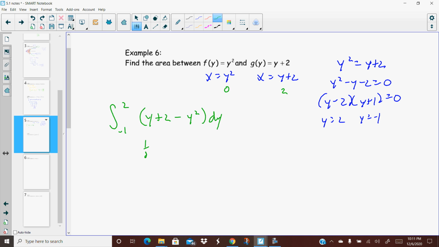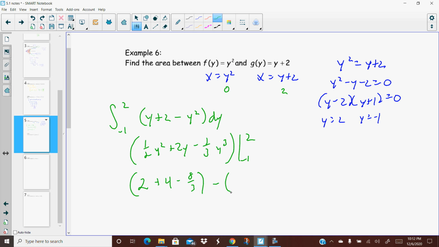So we're going to get 1/2 y squared plus 2y minus 1/3 y cubed, evaluated from negative 1 to 2. So let's see, plugging in a 2. 2 squared is 4, half of 4 is 2. 2 times 2 is 4. 2 cubed is 8, so that's going to give us minus 8/3.